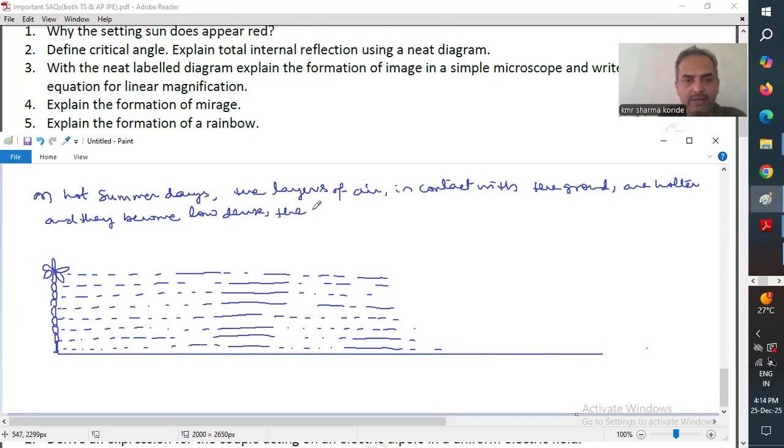Their refractive index, their RI, is less. When you go up and up, let us say this is hottest, and this topmost is coldest.